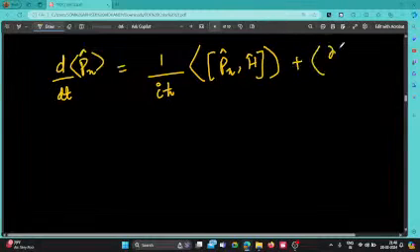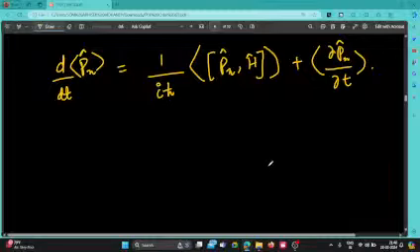plus del px by del t. See, like the position operator, the momentum operator also does not depend explicitly on time.